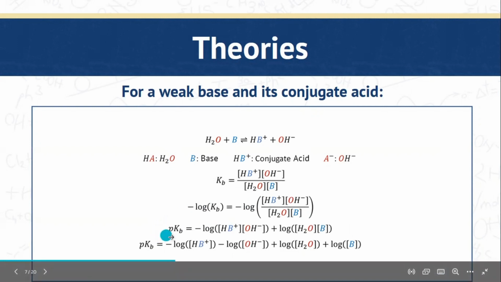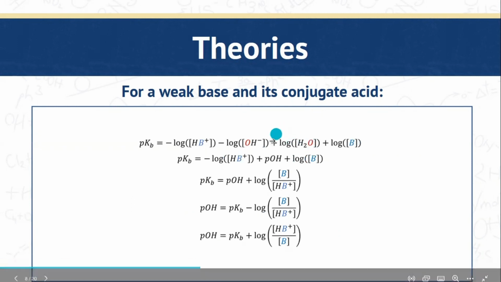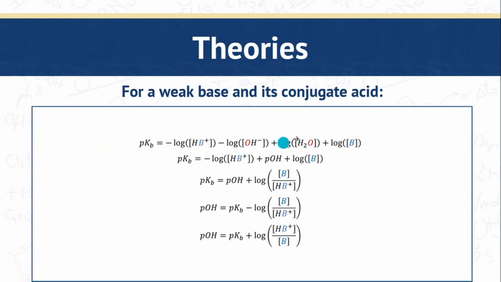We'll get that pKb is equal to the negative log of the conjugate acid minus the log of the hydroxide plus the log of the water plus the log of the base concentration. Again, since the concentration of water doesn't change significantly in the solution, we take it off the equation. Moreover, the negative log of the hydroxide is equal to the pOH.